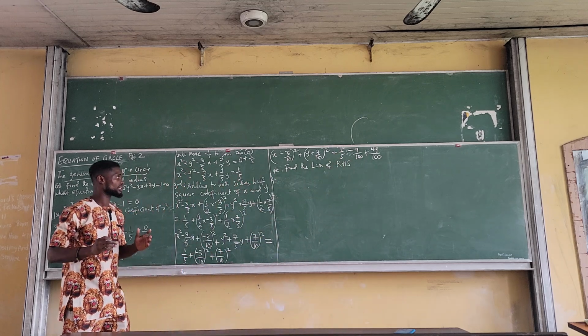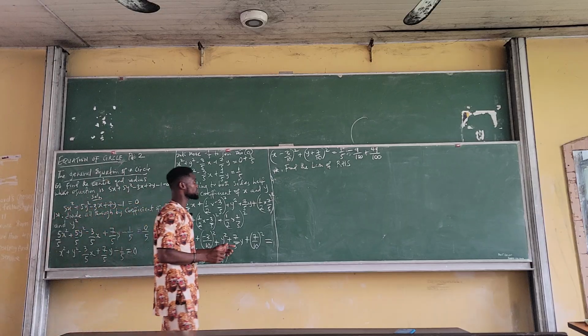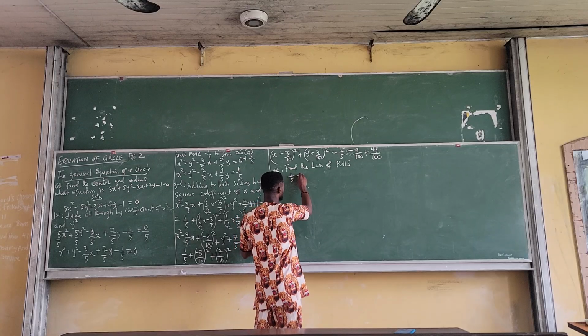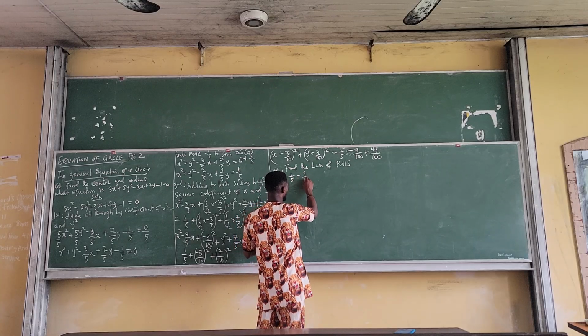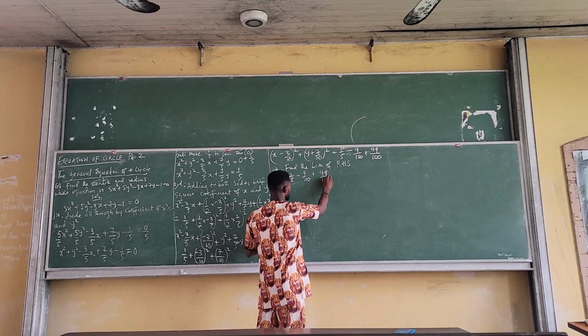RHS means R means right, H means hand, and S means side. So if you do that, we have 1 over 5 minus 9 over 100 plus 49 over 100.